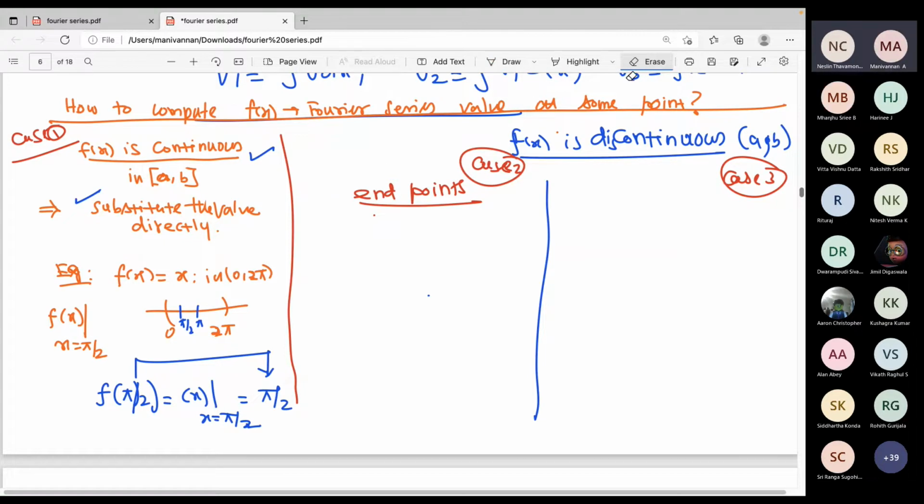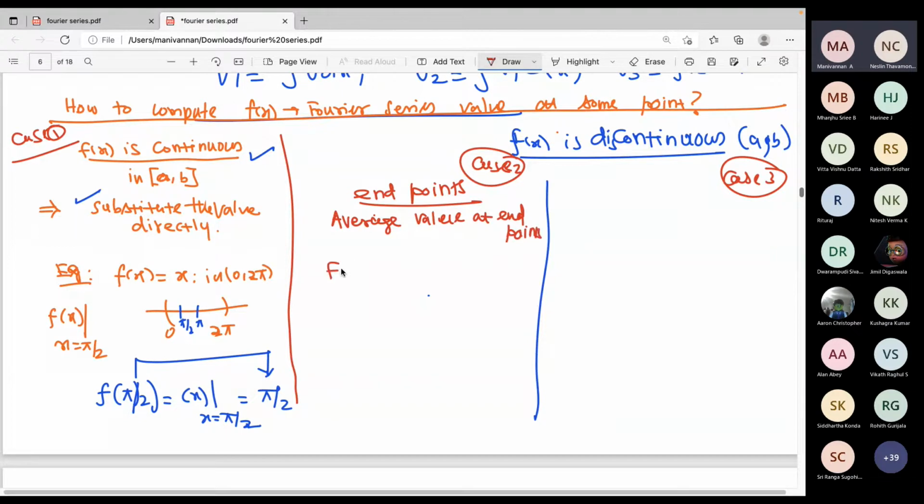Okay, cases 2 and 3 are under discontinuous. So at the endpoints we take the average value. What is the meaning?